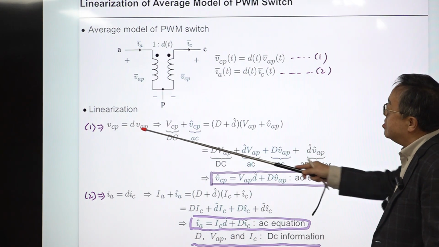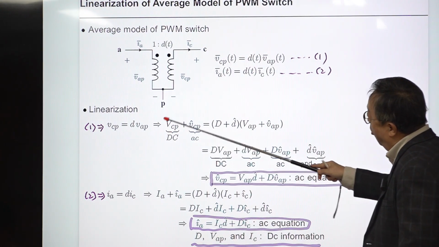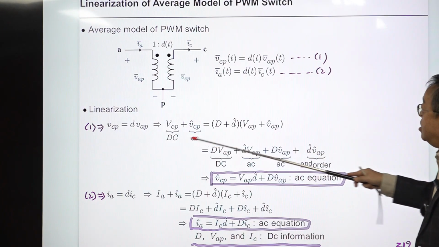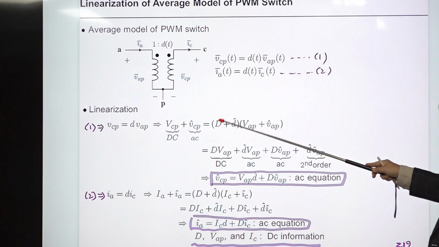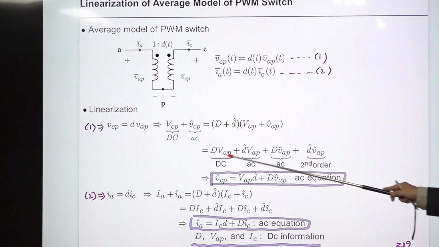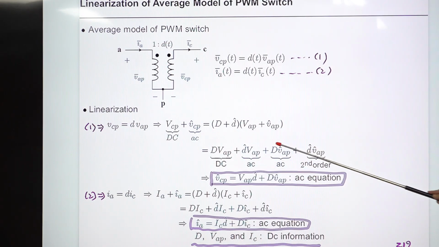So this VCP bar is decomposed into a DC component and an AC component, and D is also decomposed into the DC duty ratio and the small signal duty ratio, and so on. You expand this out, so you have 4 terms, then you ignore this and take only 2 terms.